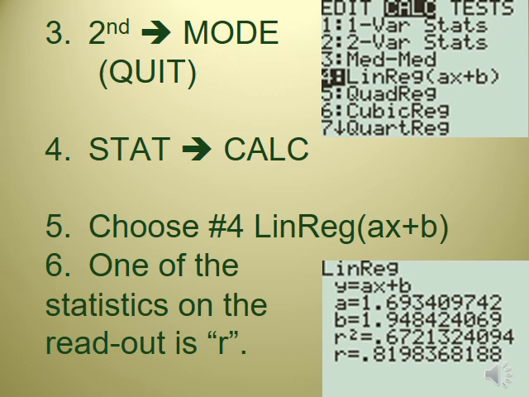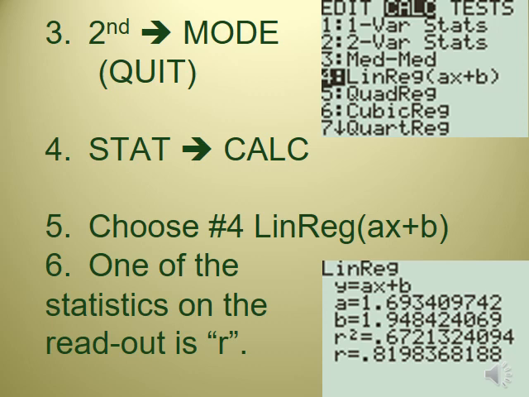Now, if you didn't do that first step I said about putting Diagnostic On in your calculator, it's not going to have the R squared and R at the bottom. And you need to go back and make it calculate things by choosing Diagnostic On. What we care about, though, is down at the bottom of that screen where it says R equals 0.8198.